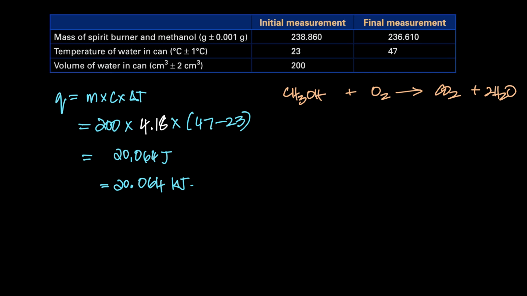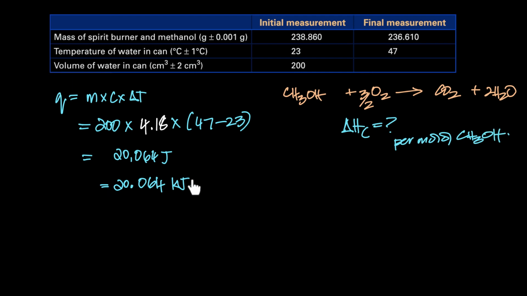So that's the equation. But I don't care, because the delta H for this reaction is the combustion, and I need it per mole of methanol. Per mole of methanol is what I want to find out.